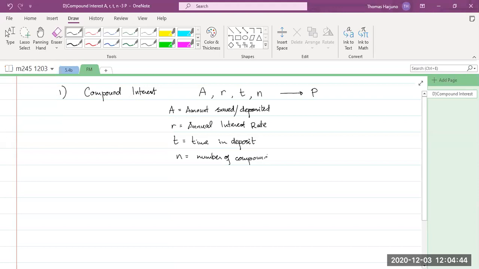We also call that number of periods in a year. And this P here is the amount after T years. Okay, that's what we will learn today.